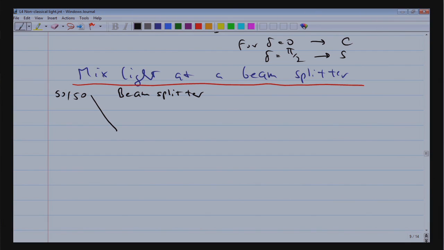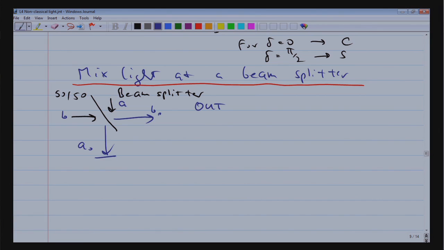So a beam splitter has two input ports and two output ports. We have light impinging on the beam splitter. We call those modes A and B. And after the beam splitter, we have two output modes, and let me call them A0 and B0.